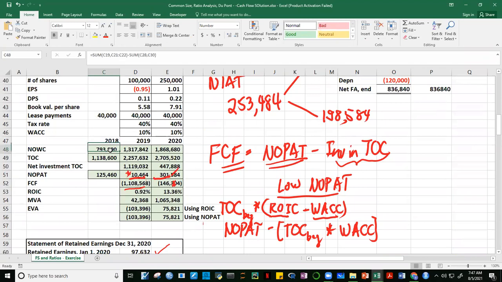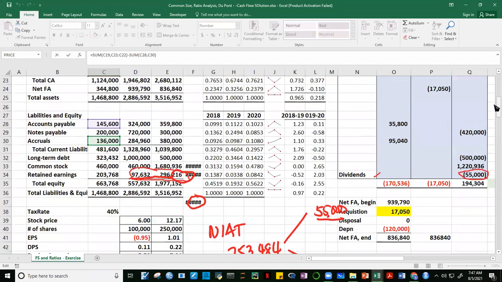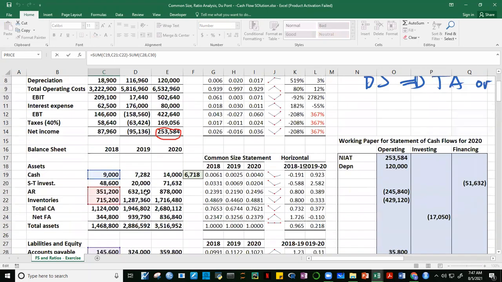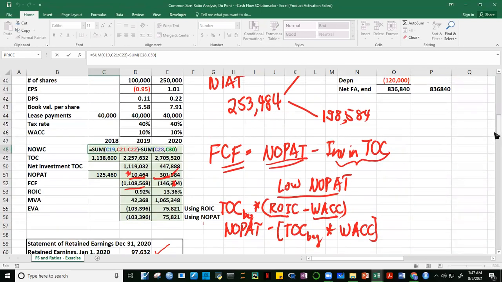Okay, so let me flash the formula here. It's the sum of C19, this is your cash, and then receivables and inventory, minus this is your accounts payable and your accruals. Okay, notice that hindi natin sinama si notes payable, hindi natin sinama si short-term investments. Okay, so that will be our net operating working capital.